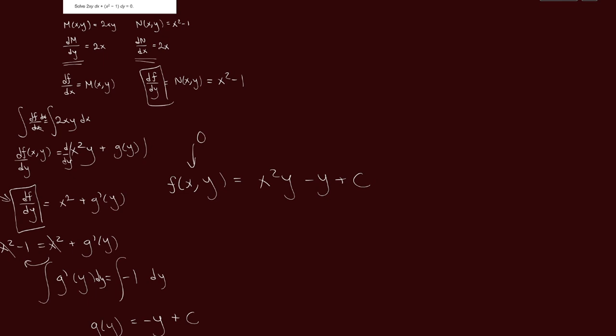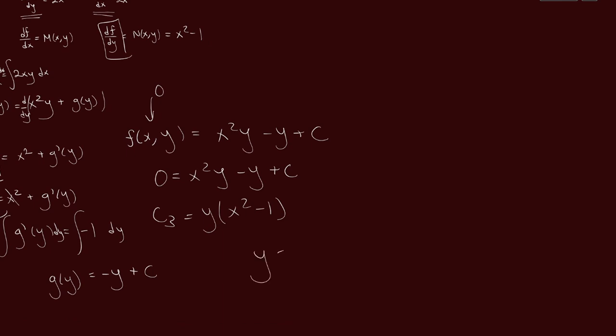So we have 0 equals x squared y minus y plus c, and we'll just isolate for y. So we'll bring the c to the other side, so this is minus c. We'll have all of this just be equal to c3, and now let's just isolate for y, and that's your final answer.